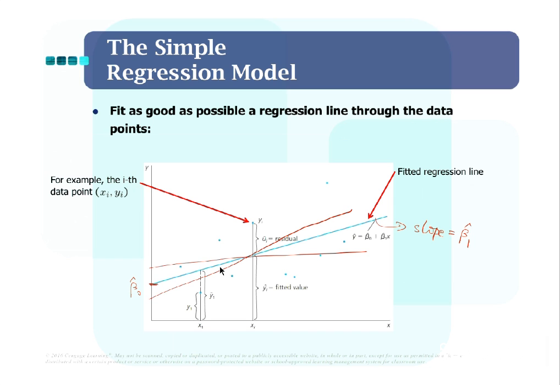So you may have a different choice of determining the regression line. But you finally choose this one because it minimizes the sum of residuals squared.